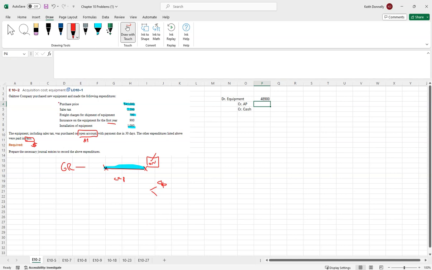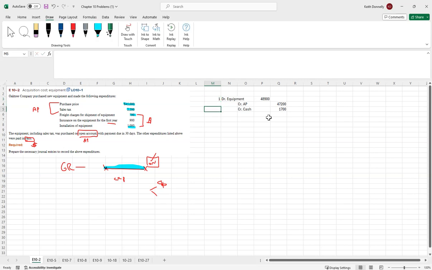The equipment was purchased on account and the rest was paid in cash. It's not super obvious there, how they define that. But if you take the 45,000 plus the 2,200, you get 47,200. So we can then back into 1,700 for the cash.